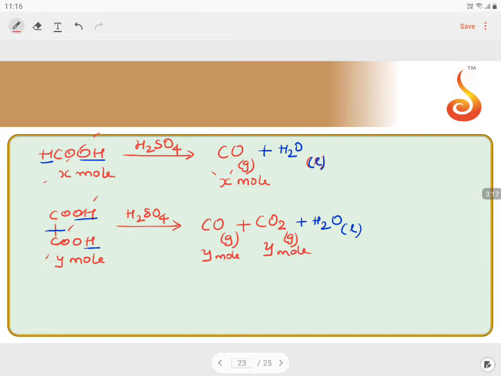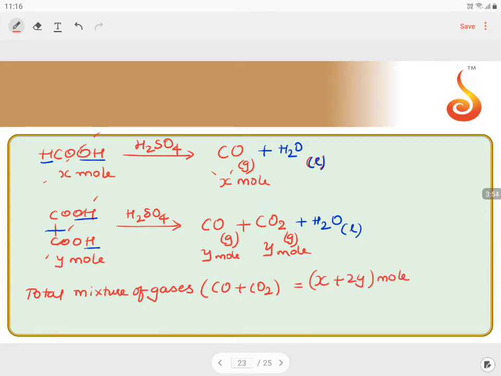So the total mixture of gases, CO plus CO2, will be X plus 2Y moles.